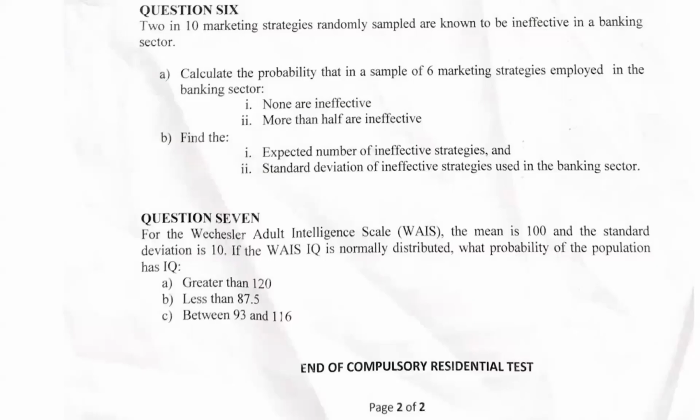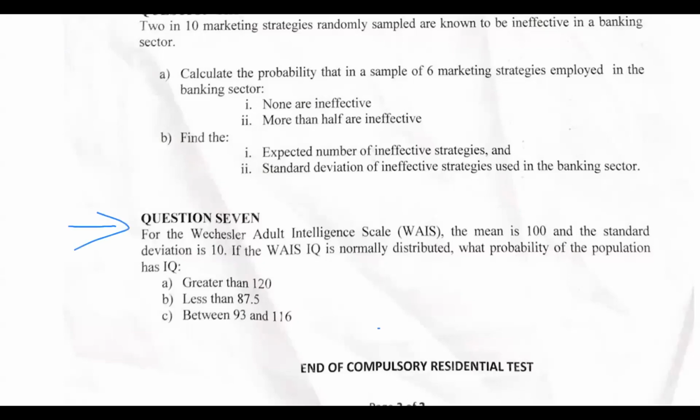So how do you solve question number 7 using the standard normal distribution? Like, how do you solve such questions under standard normal distribution? Number one, remember the questions that you had from your quiz, where the z value was already given.